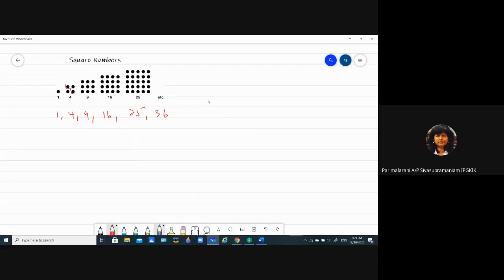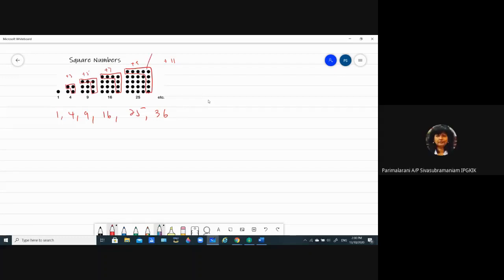Then from 4 to 9, we have added 5. For the next number, we have added another 7, then another 9. We have added 3, 5, 7, 9, so the next we'll be adding another 11.